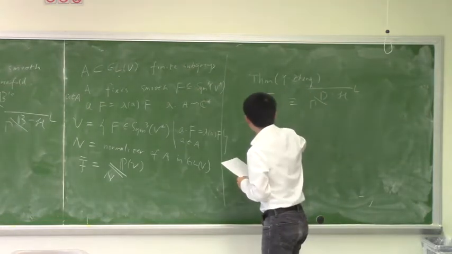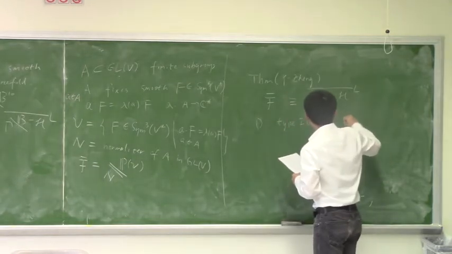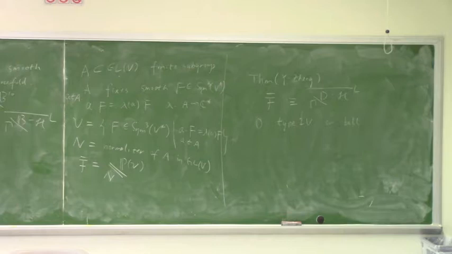Now D is type 4 or hyperbolic 4, depending on the character of the group action on this H22, H31 part.